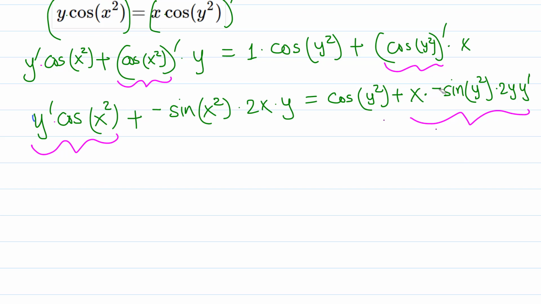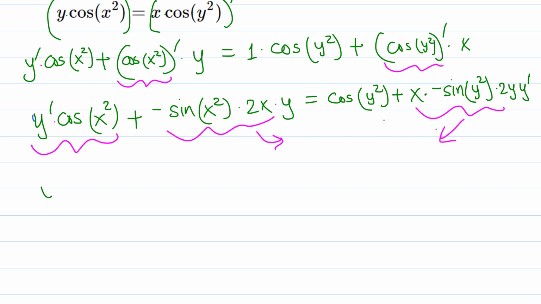So this is negative at the beginning here. I'm going to bring this to the left side, which means I need to add. And move this to the other side, which is negative, which means we add.